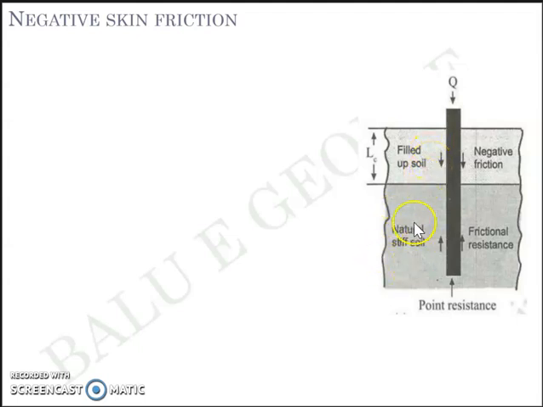Had it been the natural stiff soil, it would have offered a resistance, but in this case, if it's a filled soil, it doesn't offer a resistance and it moves along with the pile downward, causing a downward drag onto the pile, which of course is an extra load that the pile has to take. So it's a burden for the pile.